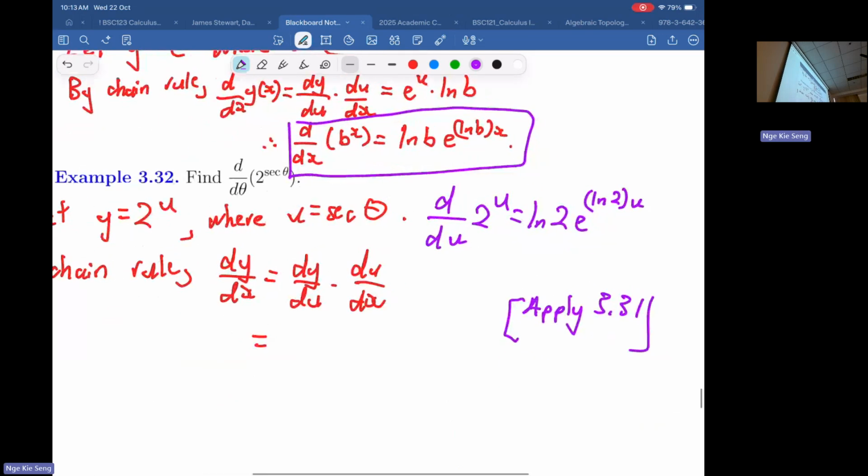So we get ln 2 times e to the ln 2 times u.